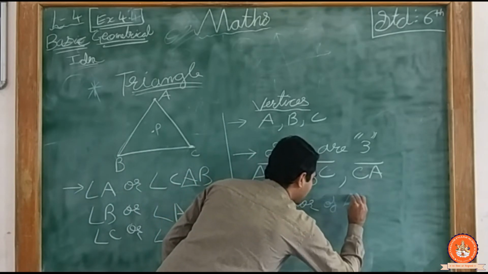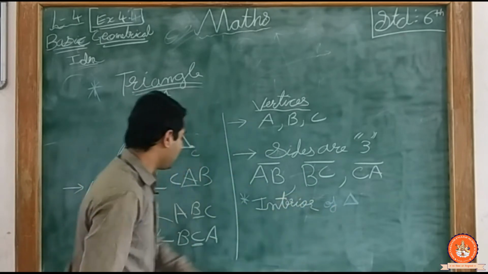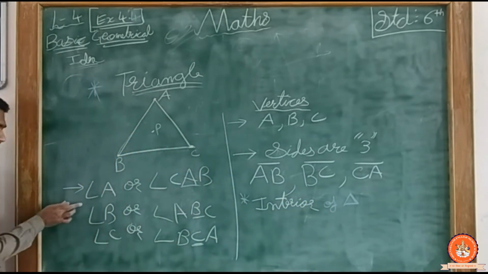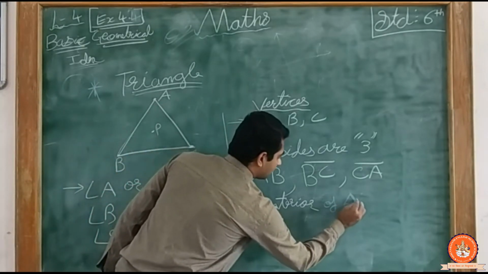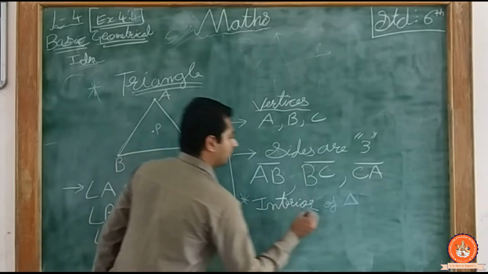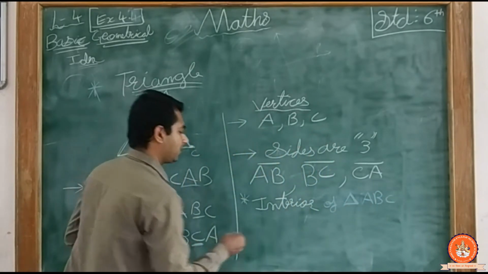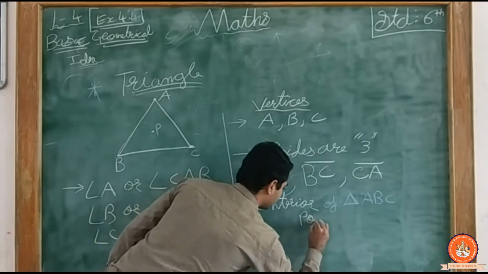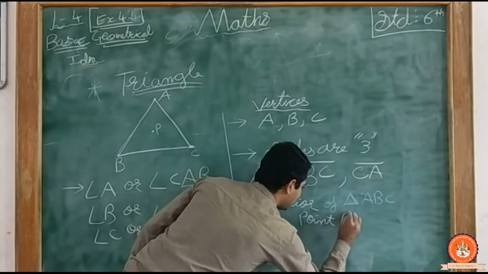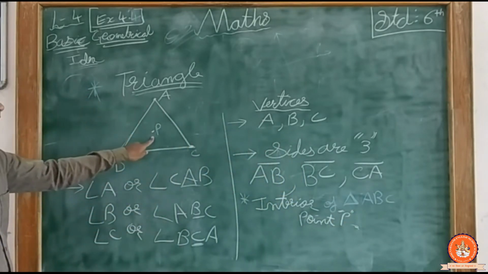You have to represent the triangle like this. This is my representation of the triangle. Okay? You can represent the angle like this, and the triangle like this, dark from this right side. For triangle ABC, we have an interior point, that is P. Point P is the interior point.